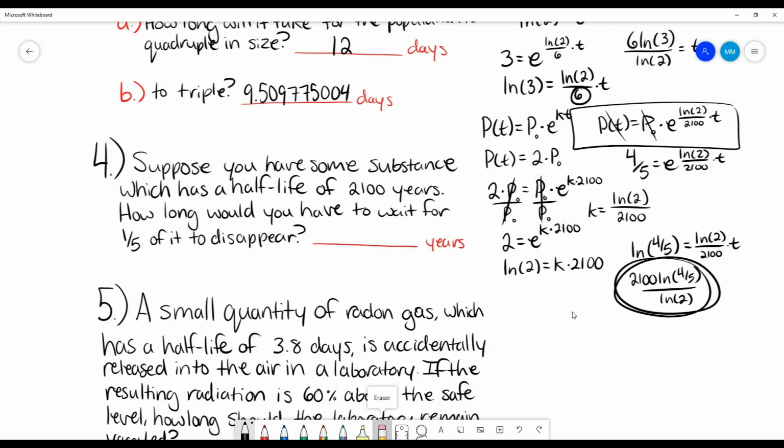Oh, you know what? I messed up here when explaining the ratio. So if P of t equals 2 times P naught, yeah, I did a poor job of explaining that, and I'm not sure how to fix it.